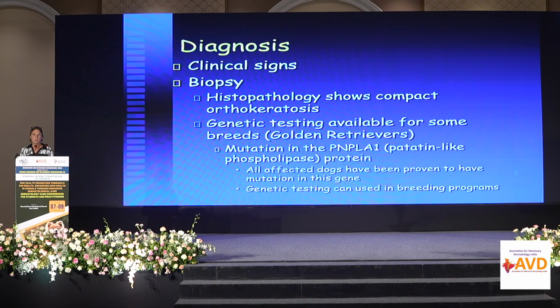You can do genetic testing, at least we can in the US, I'm not sure here. If you are presented with a case like this, you can do a buccal swab and send it, to minimally, if you're dealing with a breeder, let them know that yes, they're carrying this mutation, and therefore it's very likely that they're going to have more litters with the same condition.